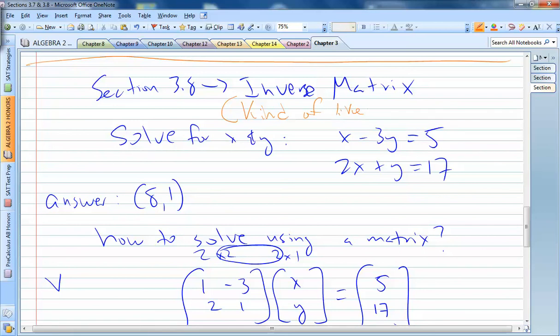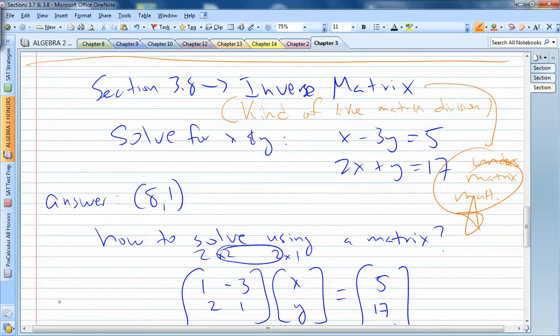You're undoing matrix multiplication. Basically it undoes matrix multiplication, and that's kind of the key thing with inverse matrices.